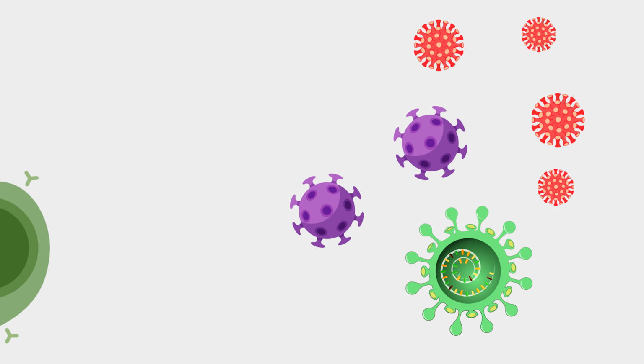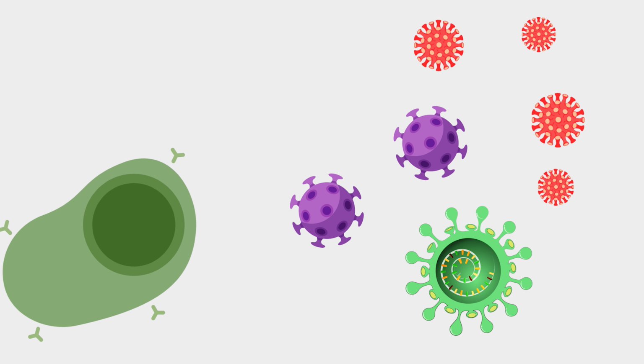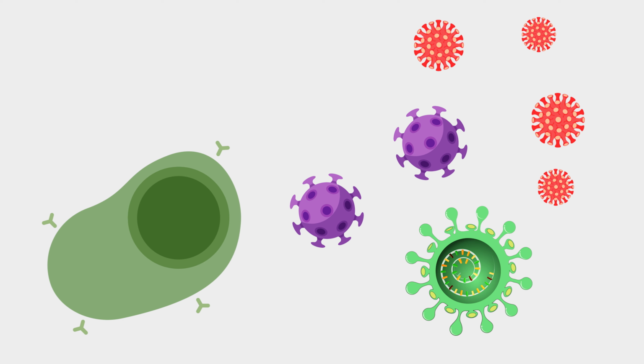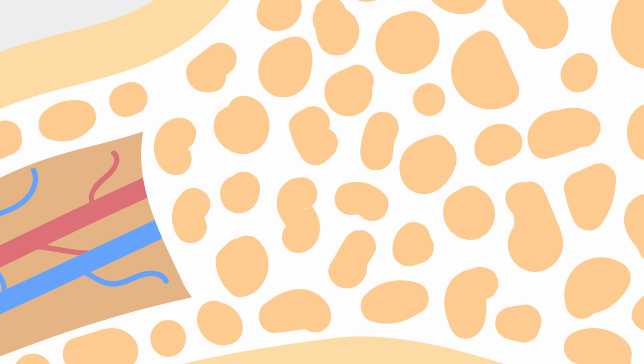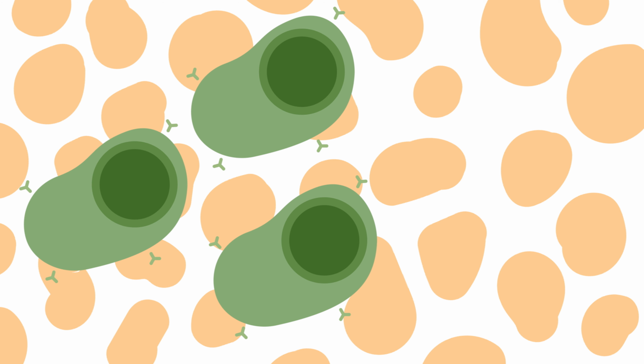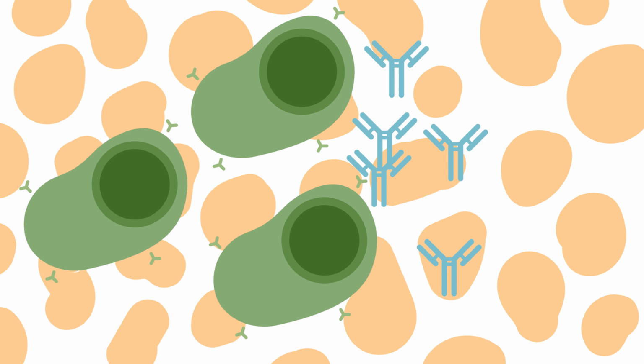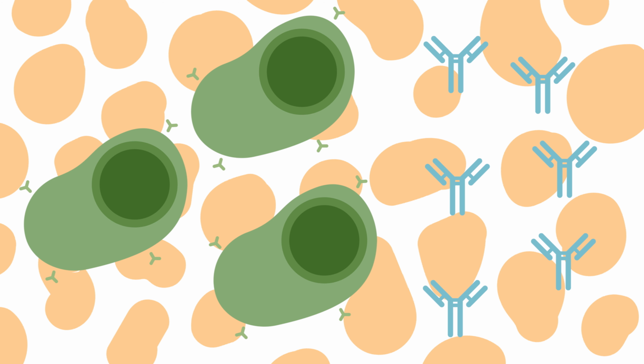So our body can, in response to experiencing an infectious pathogen again, make antibodies to help counter and defend us from that infection in the future. And so our normal plasma cells live in our bone marrow and can be called upon to make specific antibodies against infections for the duration of our life.